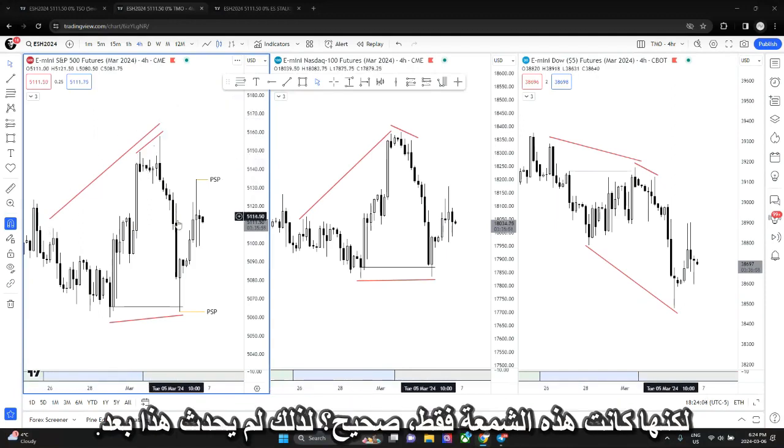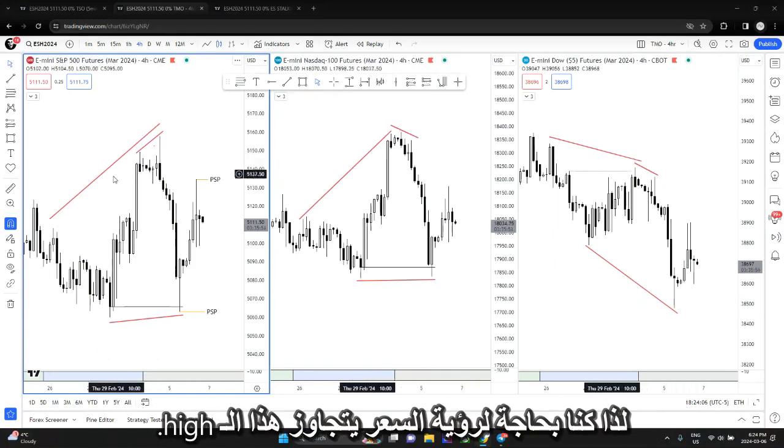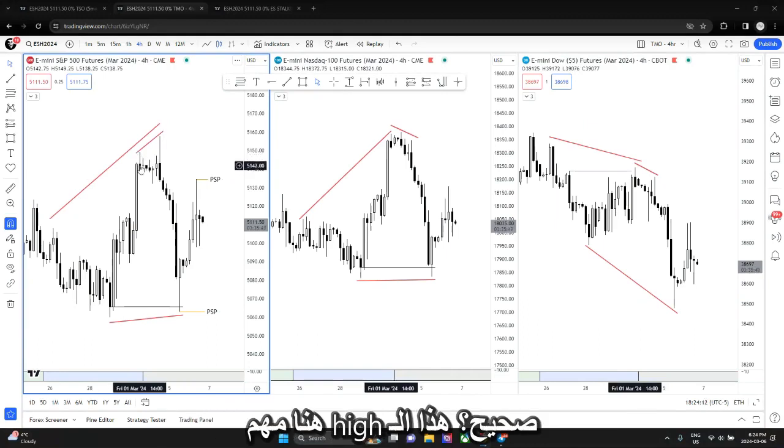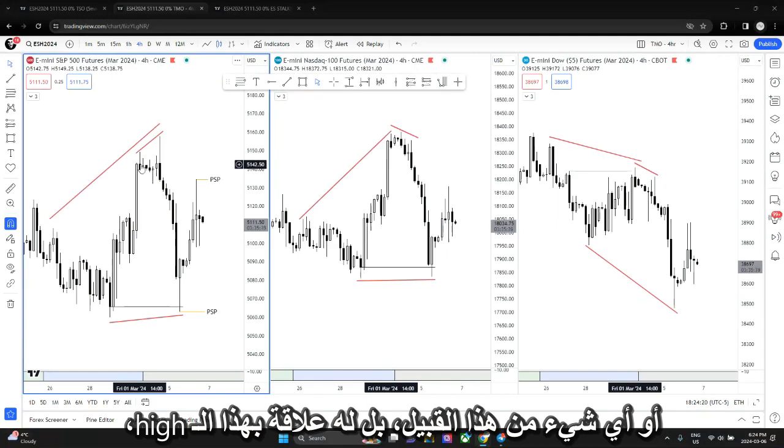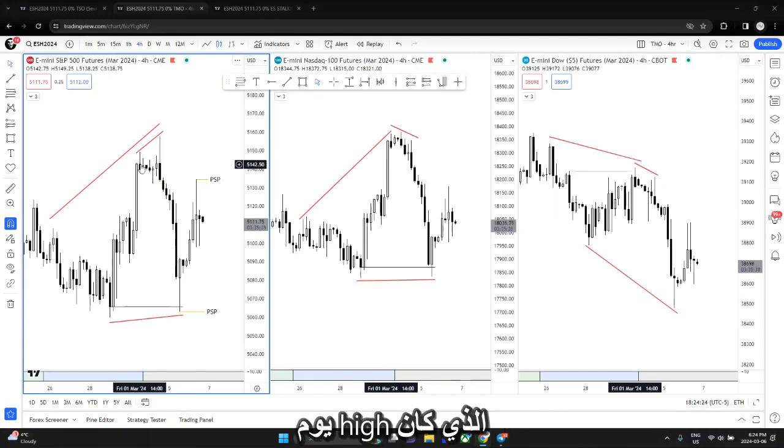So this didn't happen yet. So we needed to see price run above this high. This high right here is very important. It doesn't have to do with a range or anything like that. It just has to do with this high, which was Friday's high.